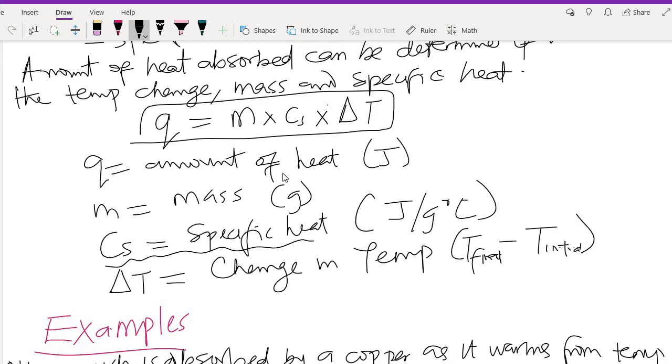Our delta T represents change in temperature. We have to remember that our temperature change is T final minus T initial.